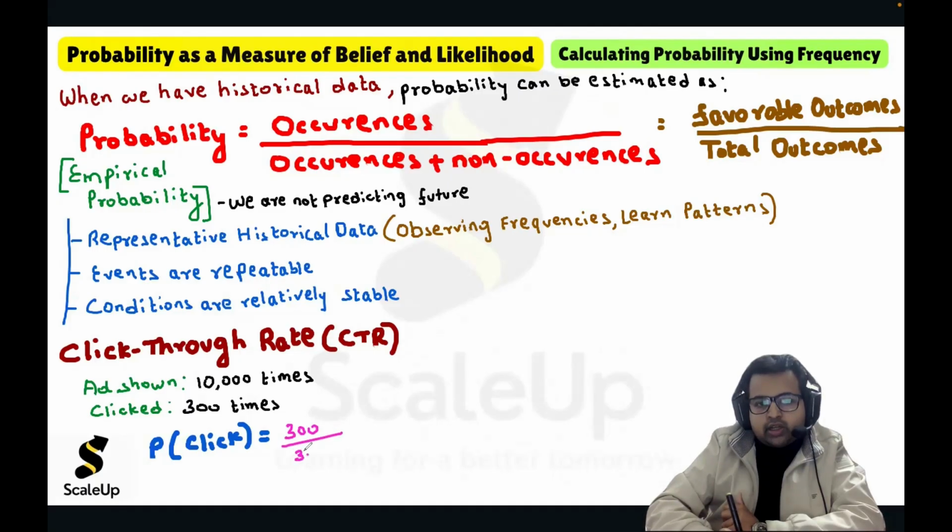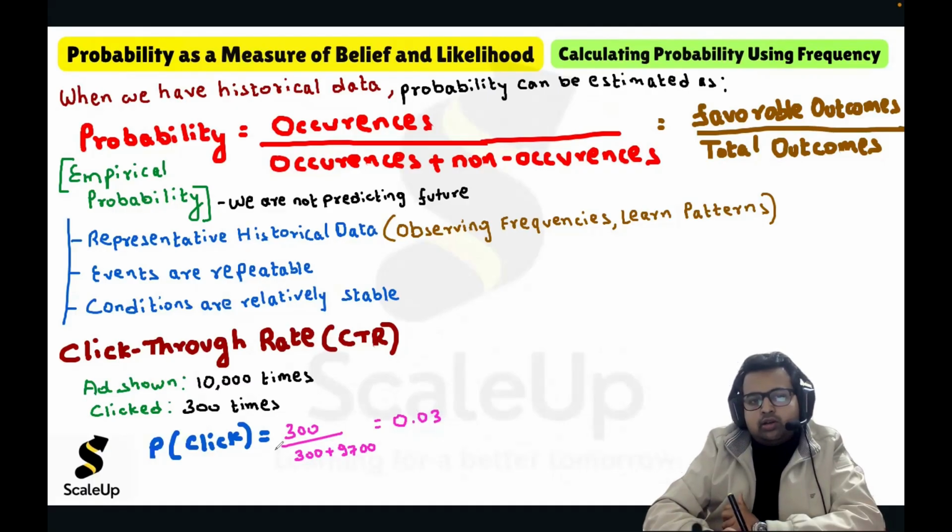Occurrences is 300 and non-occurrences is 9,700, because 300 times it was clicked, 9,700 times it was not clicked. So it will give you 0.03. This is the probability of clicking the ad. In this way, we can calculate empirical probability.